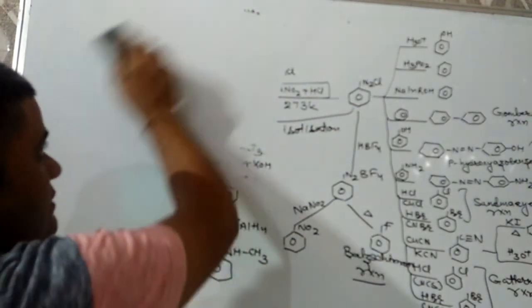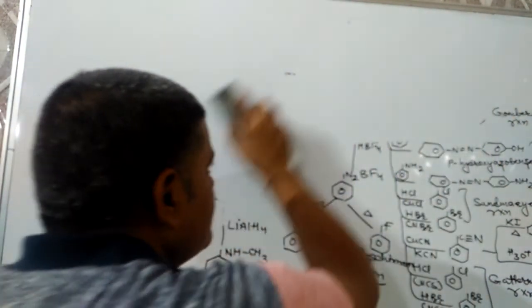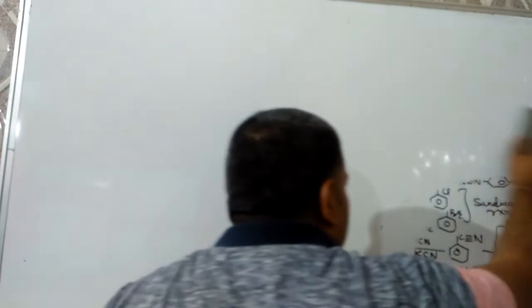The first question was, what are products A, B, C, D in the following reaction?